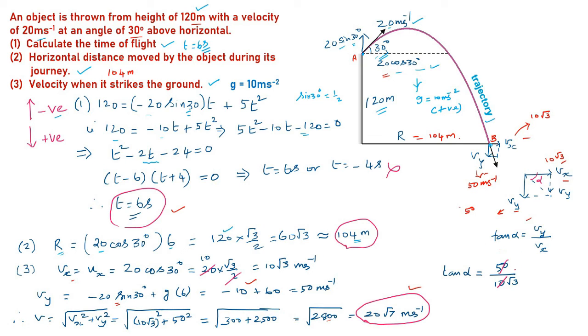So tan alpha is 5 by root 3. So you can find alpha. Referring to tables, you can find out alpha to be 71 degrees. So velocity with which it strikes the ground has two parts, magnitude as well as direction. Magnitude we got as 20 root 7, at an angle of 71 degrees with horizontal.